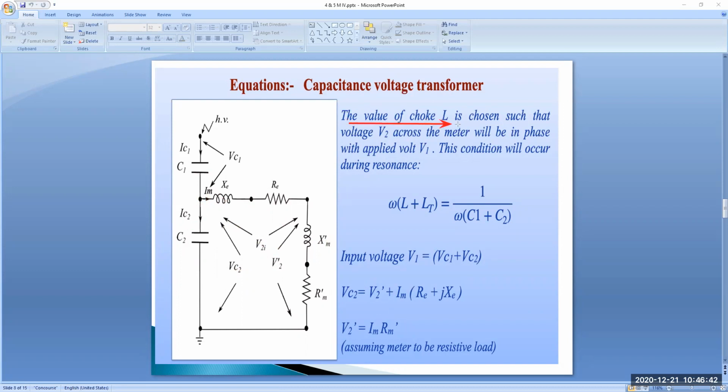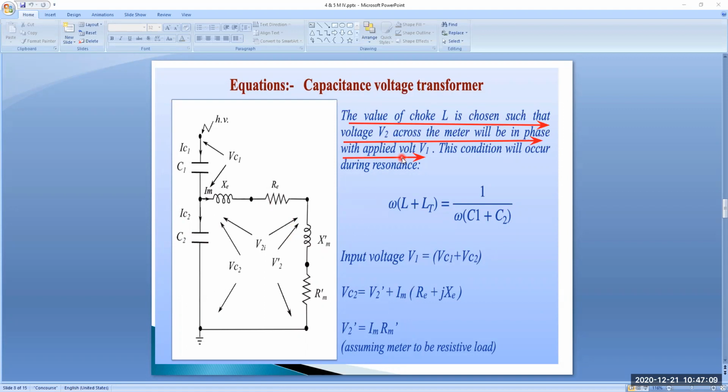The value of choke L is chosen such that the voltage V2 across the meter will be in phase with the applied voltage V1. That means we have to change the choke L so that the inductive reactance is equal to the capacitive reactance, and then the transformer is under resonance condition.